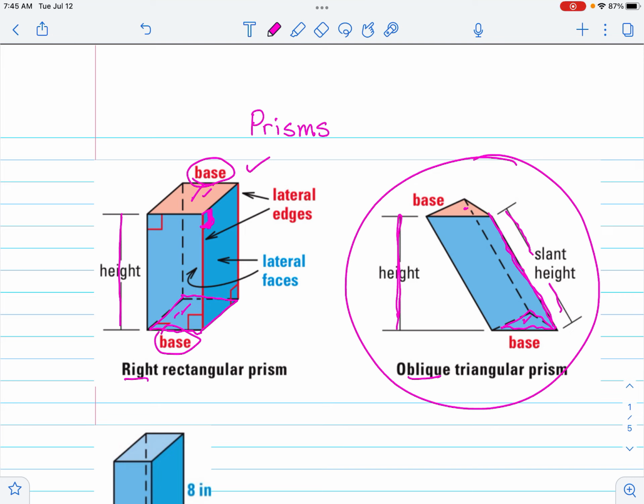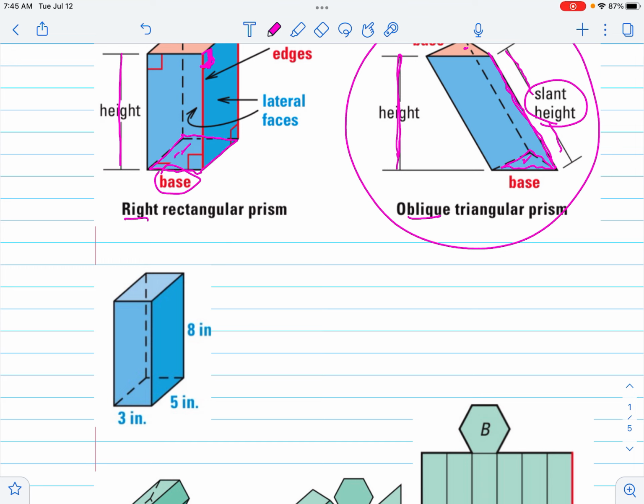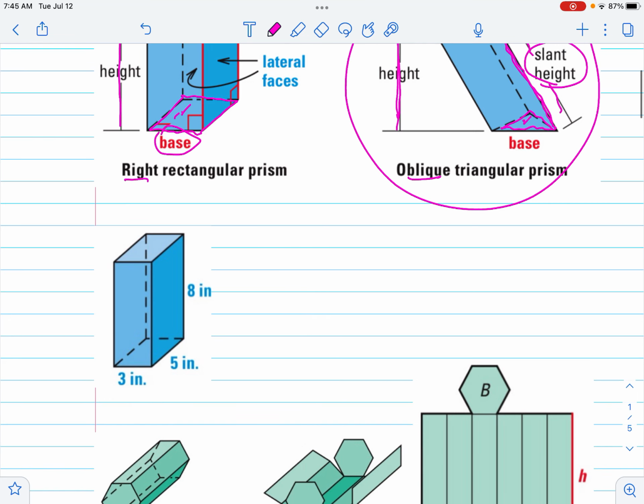Now, if we want to talk about the surface area, really all you need to do is calculate the area of each face. In this case, for this one here, we've got 3 times 5. That's the bottom. The top is 3 times 5. Then we've got this face here, which is 8 times 5, and the one immediately across from it, which is 8 times 5.